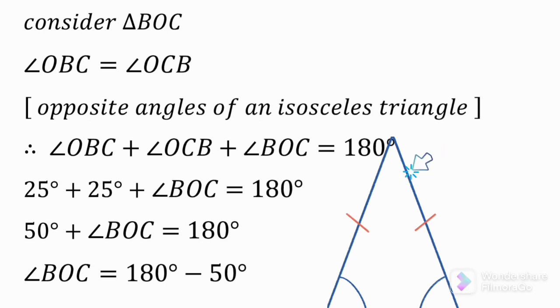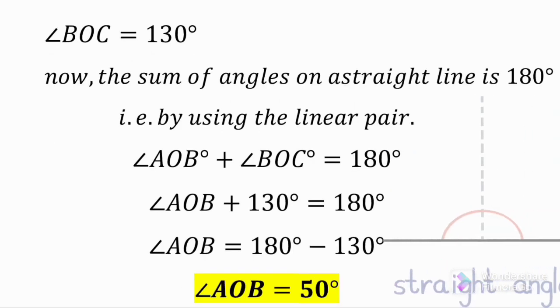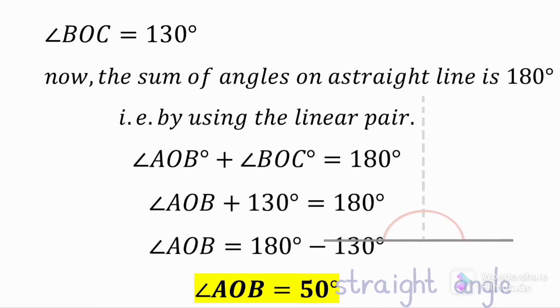Therefore, angle OBC plus angle OCB plus angle BOC is equal to 180. 25 plus 25 plus angle BOC is equal to 180, or 50 plus angle BOC is equal to 180, or angle BOC is equal to 180 minus 50, that is angle BOC is equal to 130.